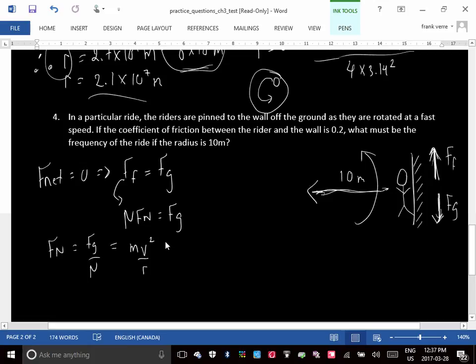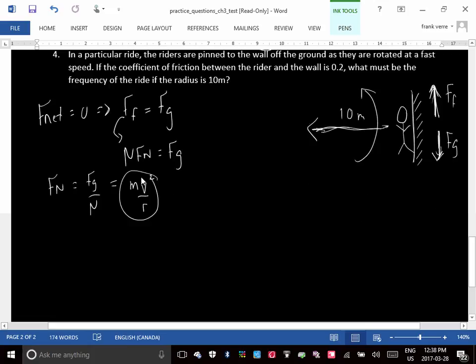Now we're asked for actually frequency. So do you want to use the frequency equation instead? Instead of using this equation, what's the equation with frequency? 4 pi squared, f squared. Okay. So if I asked you for the speed, you could use this equation. If I asked you for the frequency, you can always work out the frequency after, but if you have an equation with frequency, just use it.